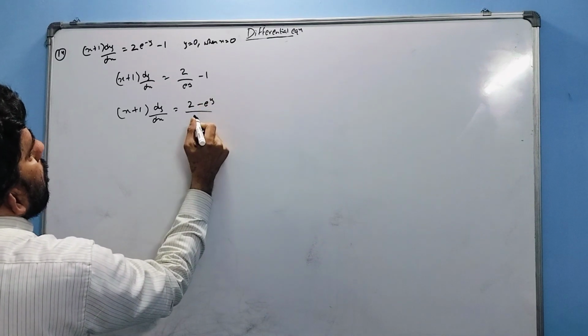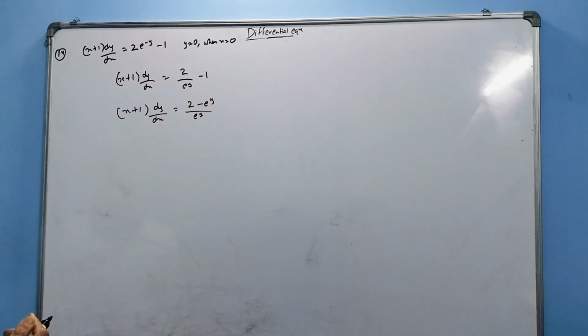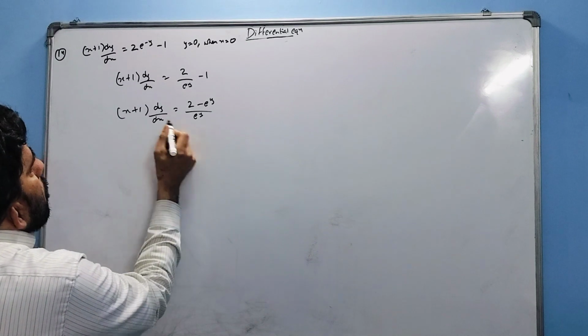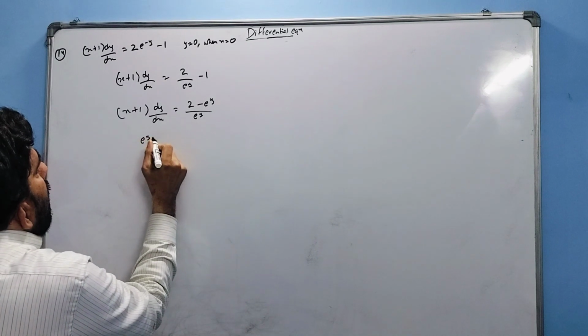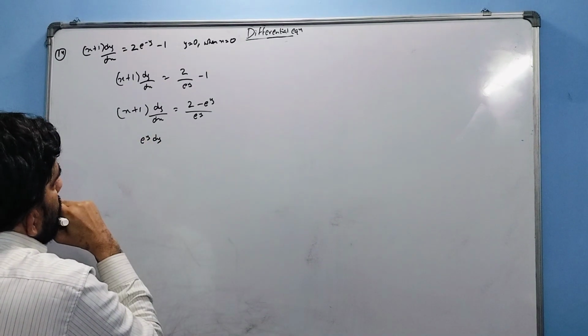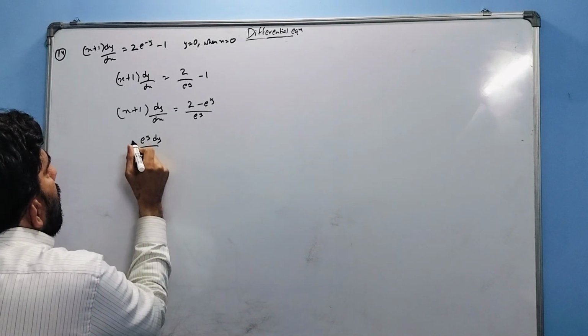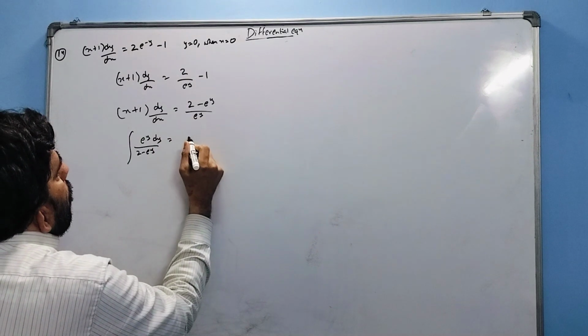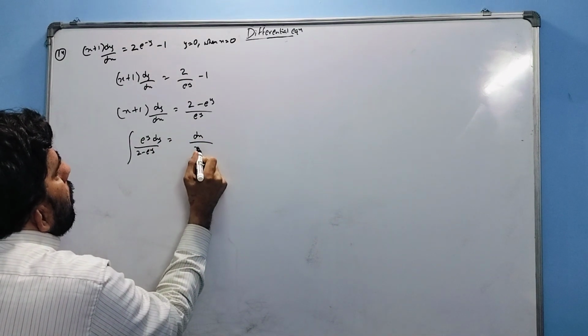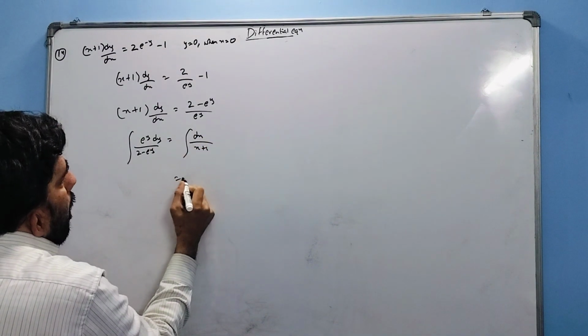Okay, so now what we can do here, we'll try to solve this. e raised power y dy upon 2 minus e raised power y is equal to, we'll take dx upon x plus 1. So we'll have log x plus 1.